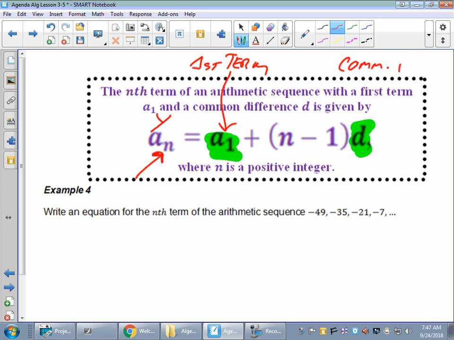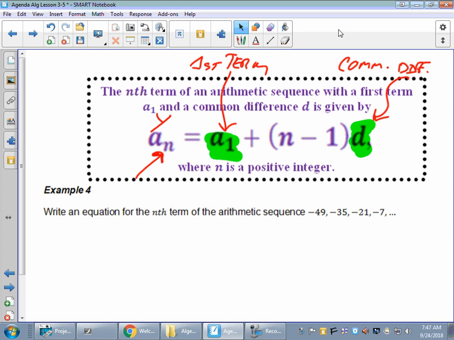Common difference. So that's that pattern. That's that pattern of, does it go up by 2 each time? Does it go up by 3? Does it go down by 4? You know, what is the pattern that we have? Okay, and then n is the number that we're either trying to find or they're going to give us one like that. So just keep that in mind with this equation.